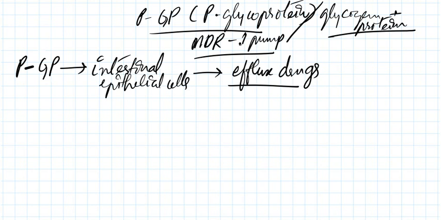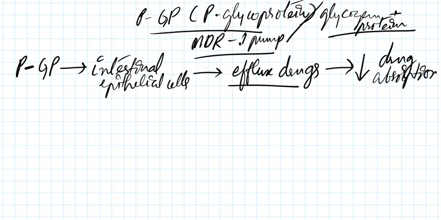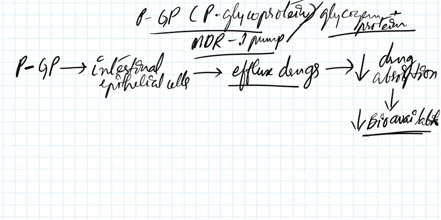Now what happens is, if the drugs are effluxed or sent outside of the cell, it leads to decreased drug absorption. Now decreased drug absorption leads to decreased bioavailability. So the availability of the drug to the tissues also gets decreased.